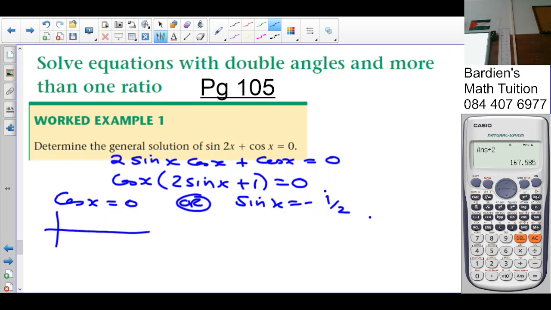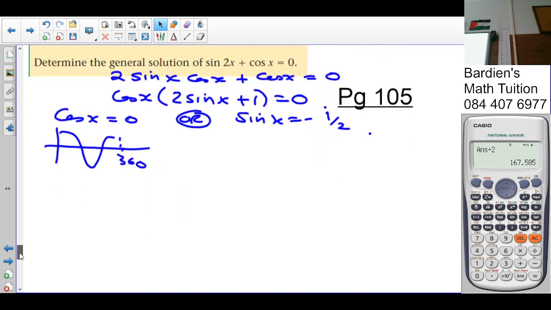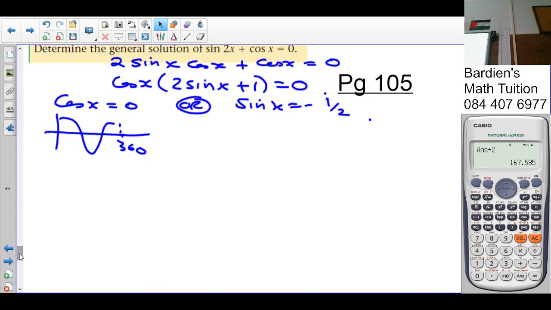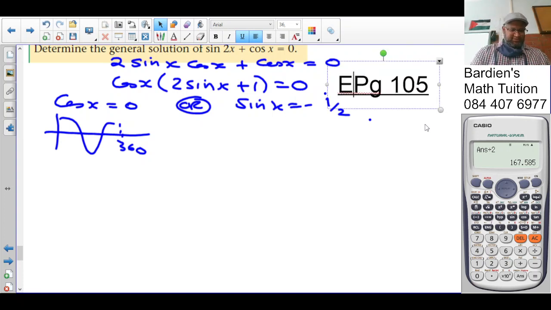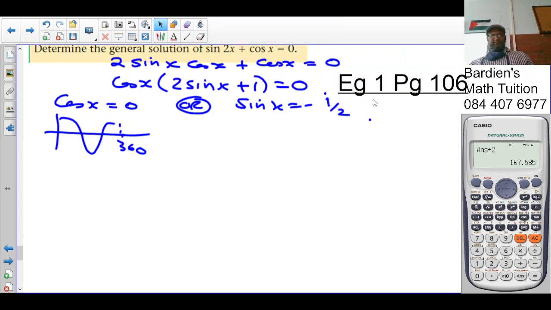This can be taken to the graph, yes. Normally 360. And that is your general solution that can be applied. Okay? I'm sure you all know how to do general solution now at this point, no? Am I right? This is example 1 on page 106. Okay.